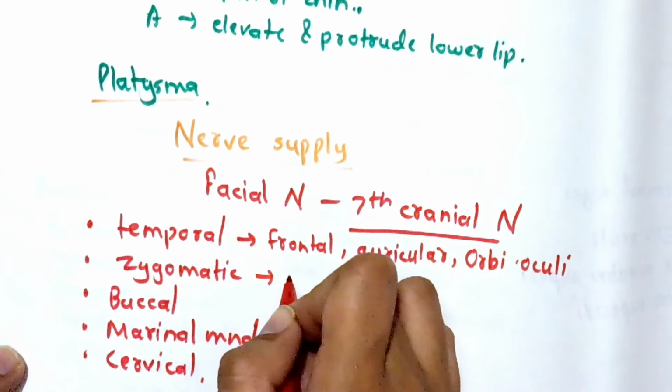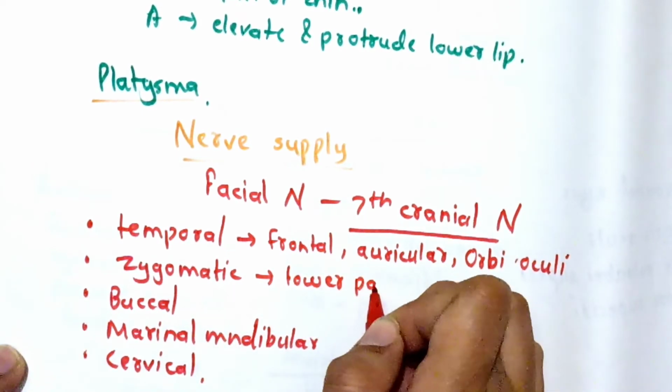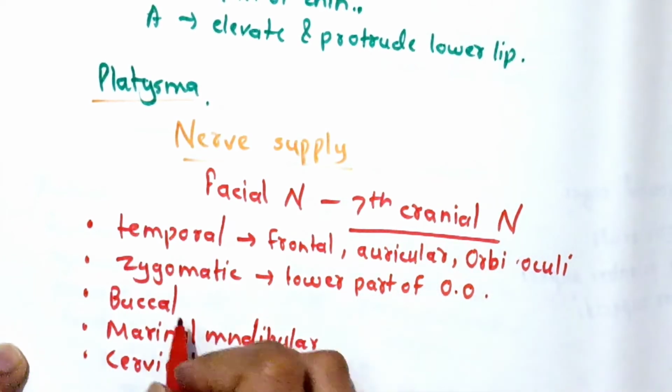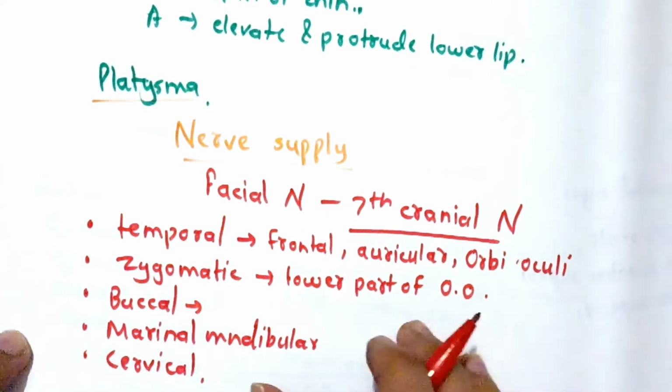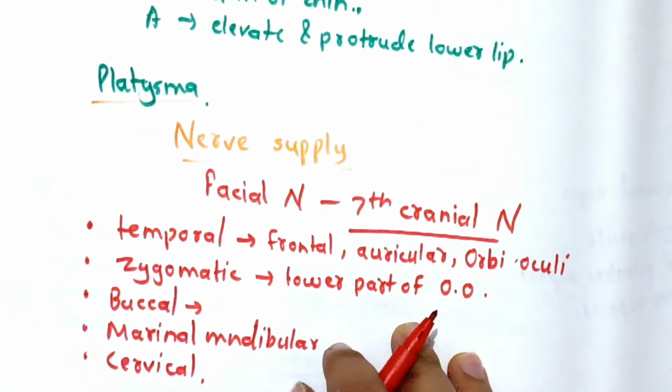The zygomatic branch will supply the lower part of orbicularis oculi, and this buccal branch will mainly supply the muscles which are above the upper lip. Okay, that is the levator anguli oris, levator labii superioris, and all these muscles, buccinator and all.